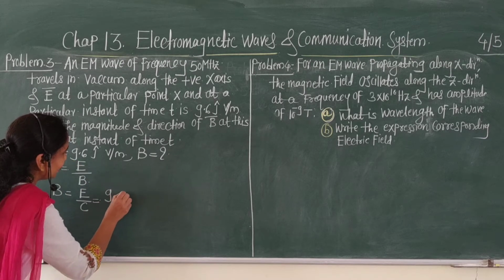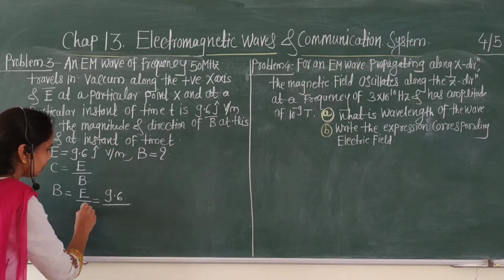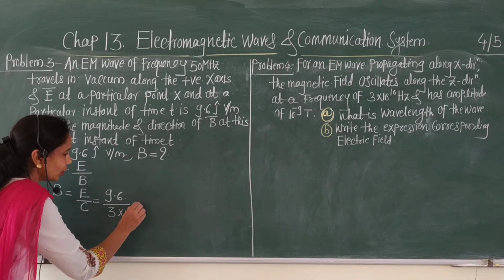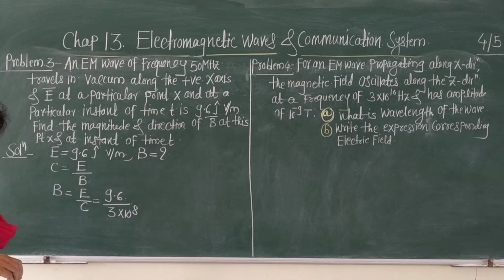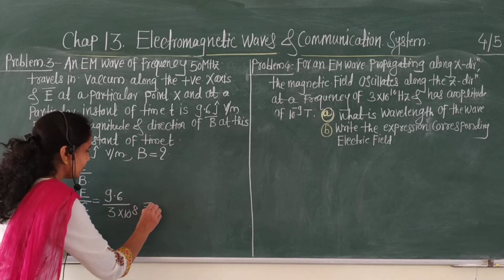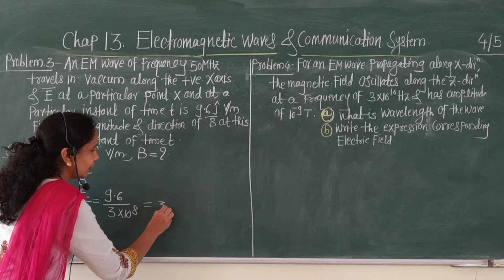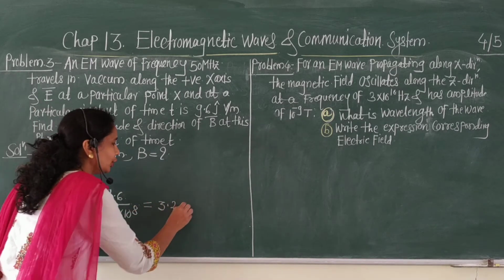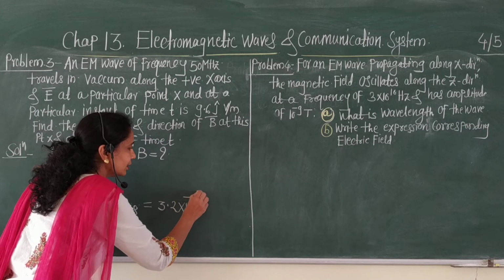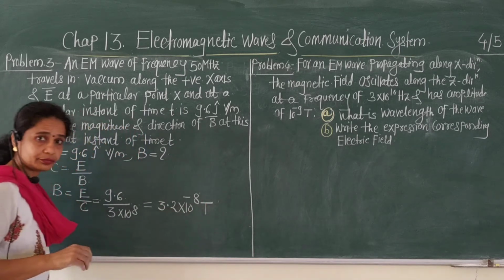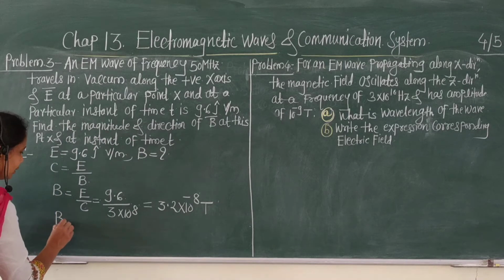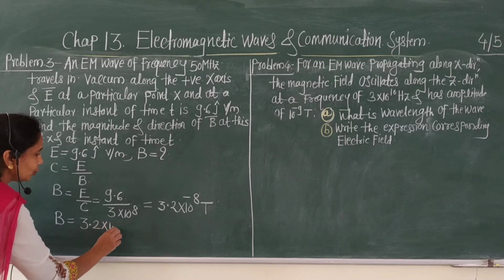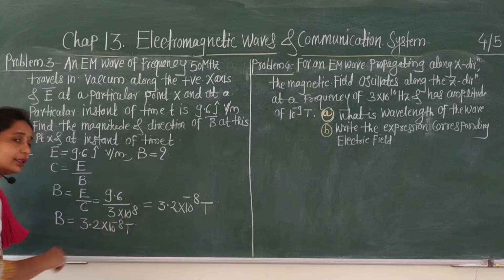E is 9.6 upon C, the velocity of light, which is 3 into 10 raised to 8 meter per second. Therefore, it becomes 3.2 into 10 raised to minus 8 Tesla. Therefore, we get the value of B equal to 3.2 into 10 raised to minus 8 Tesla.